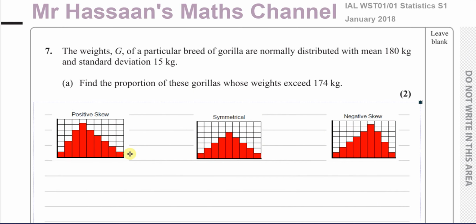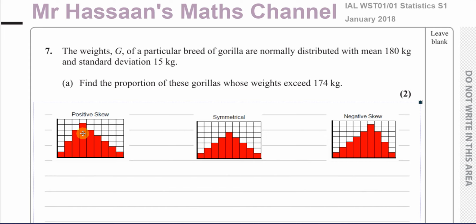You could have something like this where the data is concentrated such that the lower side of the values contain more of the data. Or you can have negative skew, which is opposite, where most of the data is concentrated in the higher values. So the histograms are kind of lopsided.